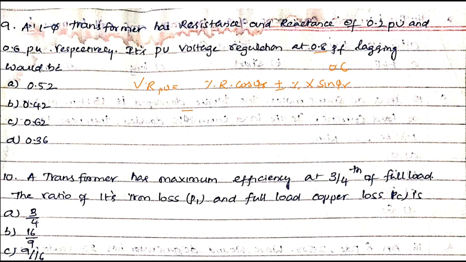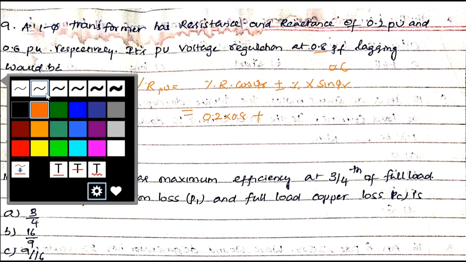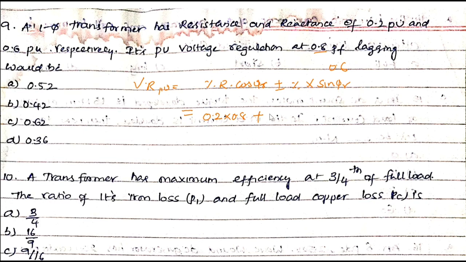Percentage resistance is 0.2 into 0.8, plus or minus. They are asking for lagging, so lagging means automatically there will be a plus sign here. The x value is 0.6 into 0.6. Once you do the calculation, you get the answer as 0.52 per unit. The answer will be A.